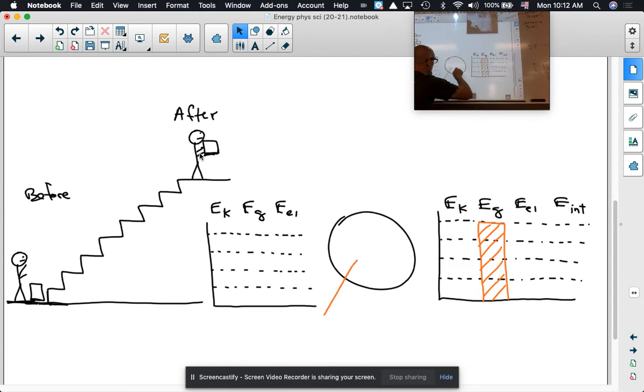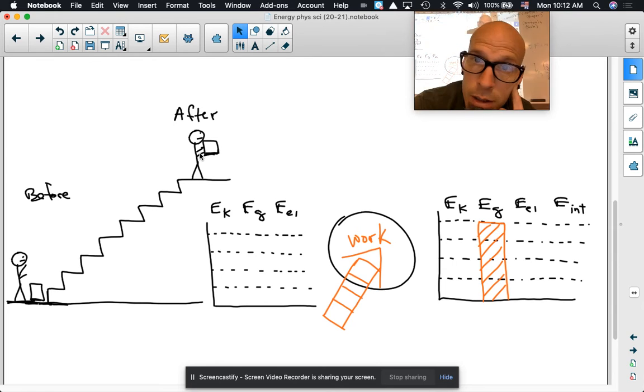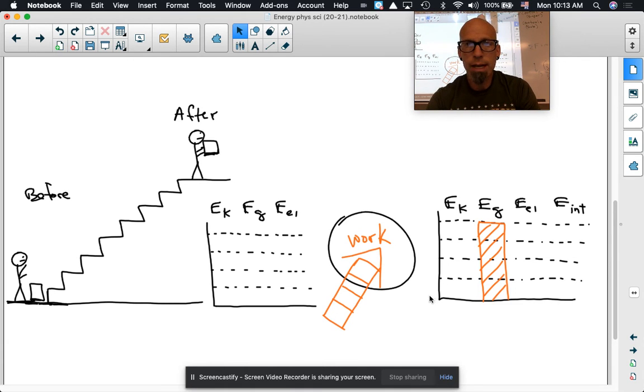Well, 1, 2, 3, 4. So work was done into the system by the person in the amount that is how much energy the object gained, transferred energy through motion. Got that? I hope you got that.